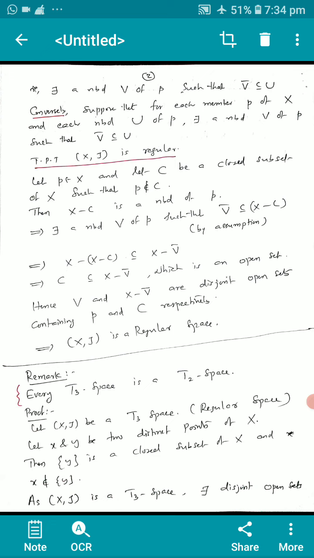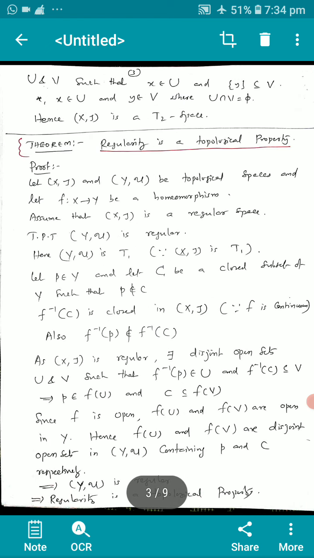As X is a T3 space, there exist disjoint open sets U and V such that small x is in U and {y} is a subset of or equal to V. That is, small x is in U and y in V, where U intersection V equals phi. Hence, X is a T2 space, a Hausdorff space.